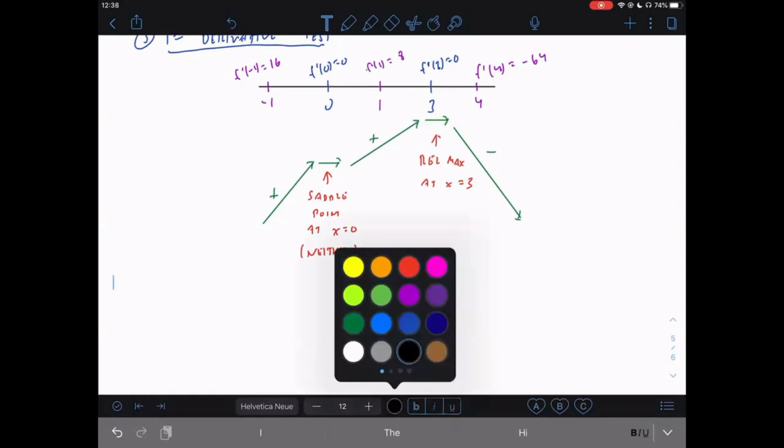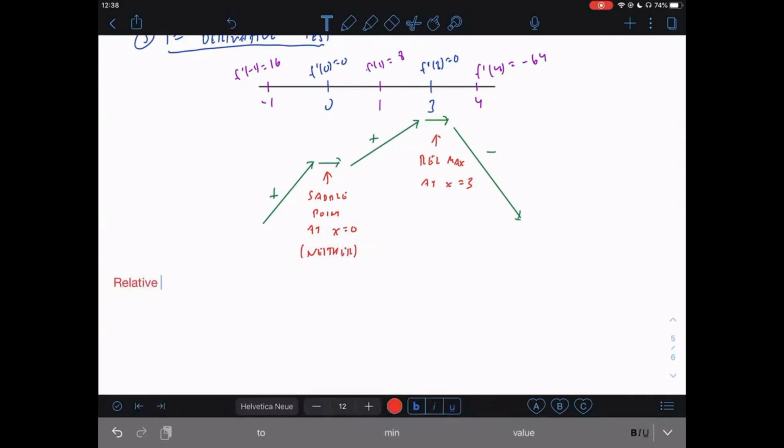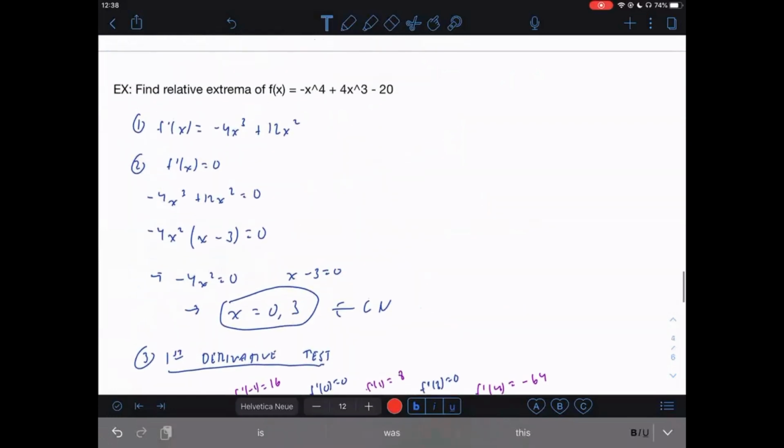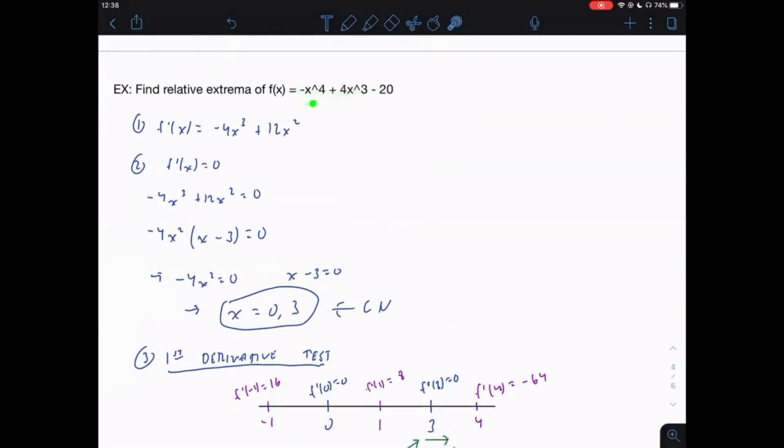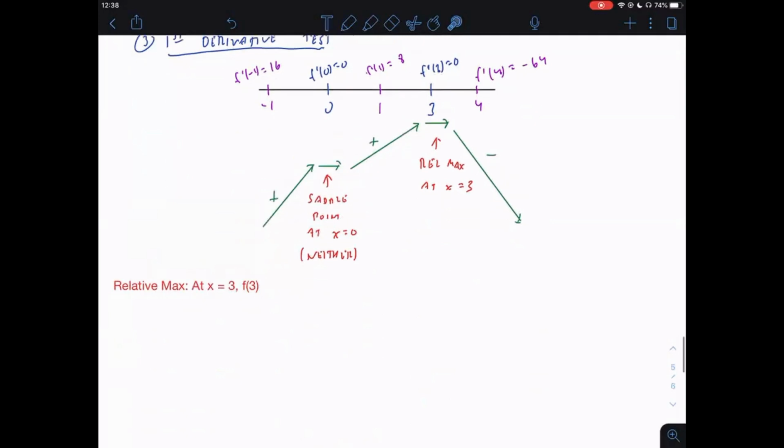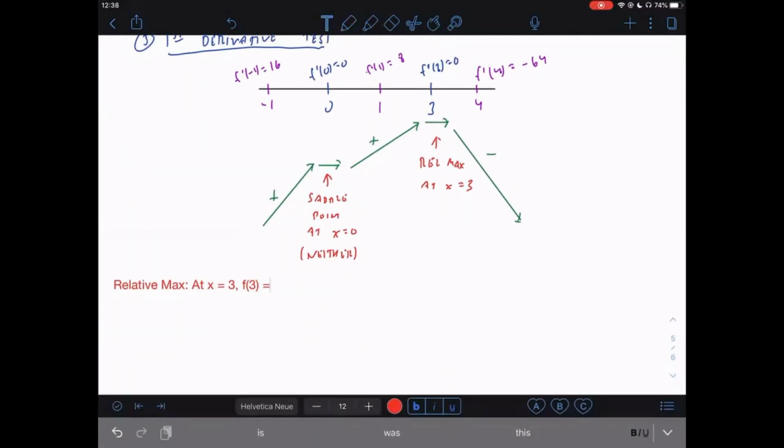All right, so we have a relative maximum at x equals 3, and if we plug in 3 into the original function of negative x to the 4th plus 4x cubed minus 20, we get an output of just 7. So the relative maximum is at (3, 7). And in this case, we have no relative minimum.